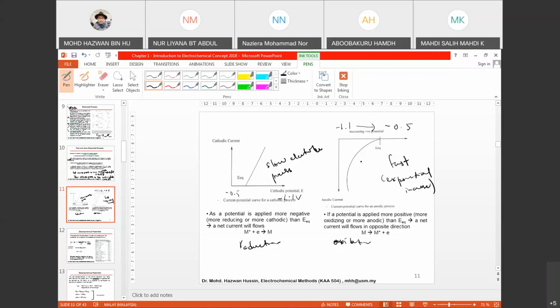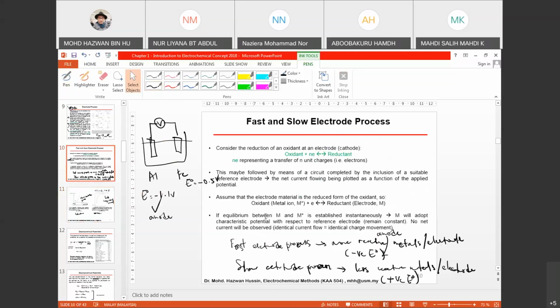Doctor, the more negative is anode or cathode? Yes, the more negative is anode. But previously you said it's cathode, I think maybe in the first or second slides.